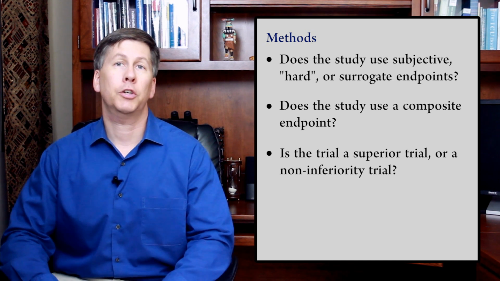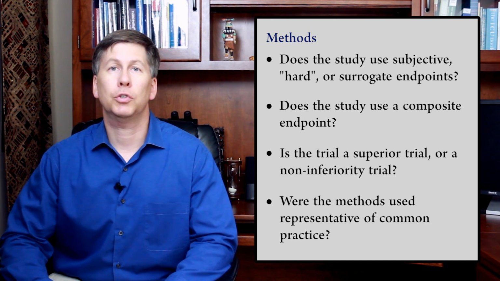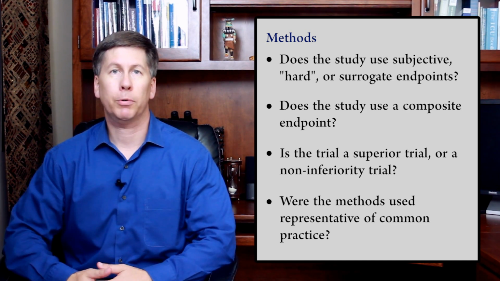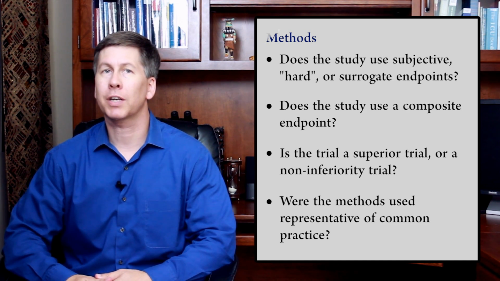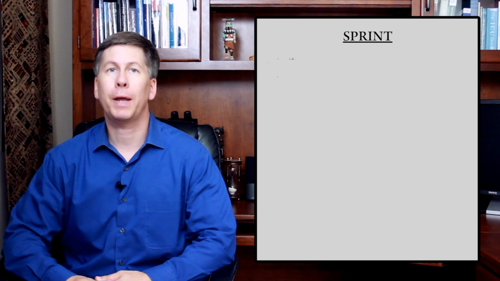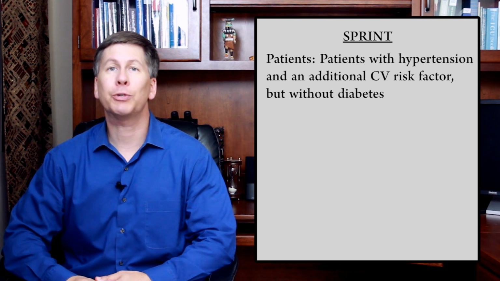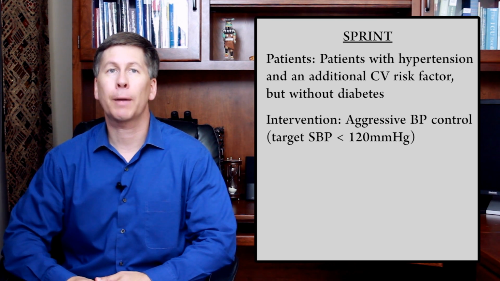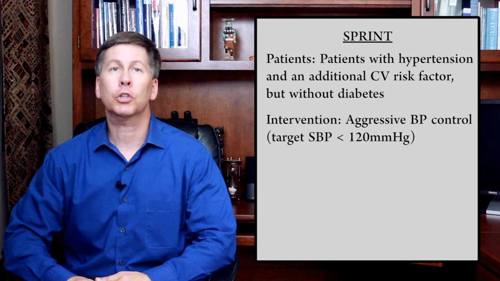The next question under methods is whether the methods used were representative of common practice. As one example, consider the very well publicized SPRINT trial published in 2015. SPRINT was an RCT of patients with hypertension and increased cardiovascular risk, but without diabetes. The intervention arm was intensive antihypertensive treatment with a blood pressure target of systolic under 120.